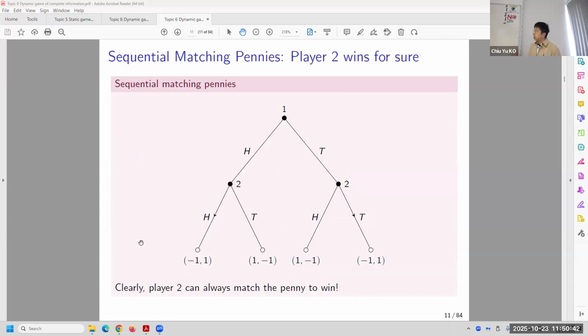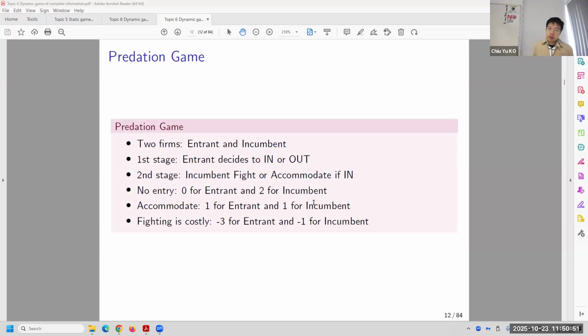Okay. So we are trying to generalize. I'll give you an example to see what kind of solution we're getting. This is called the entry prediction game, about an entrant. It fits the business school very well. There are 2 firms, a new entrant and an existing incumbent. There are 2 stages.